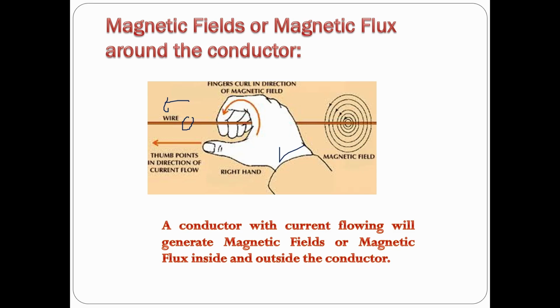The thumb points in the direction of the current flow, while the fingers will curl in the direction of the magnetic fields. So there is an invisible magnetic field generated when current is flowing in a conductor, just like a permanent magnet with inherent magnetic fields present.